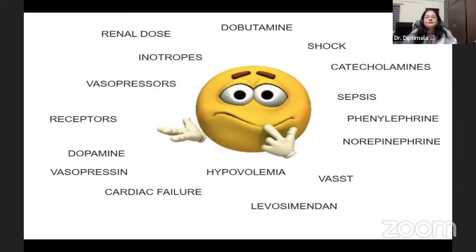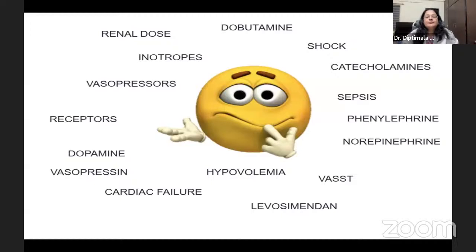So when a patient in septic shock comes to you in ICU, this all comes to your mind. It looks complicated, but once you are working in an intensive care unit, over a period of time, you understand how to identify what to use where.